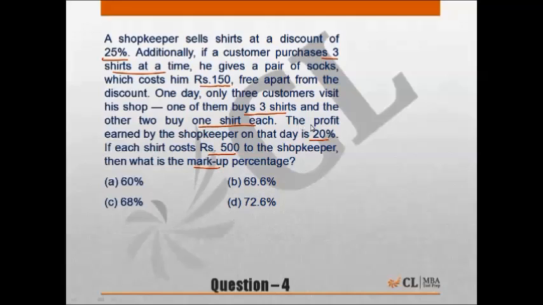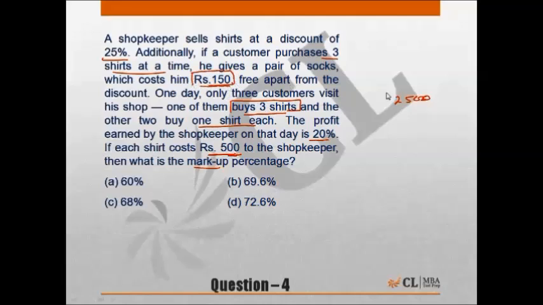Let's first get the data in place. What is the expenditure? He sold 5 shirts. The cost of each shirt is 500. So the cost price of the 5 shirts was 2500. And because one customer bought 3 shirts, to that customer he gave a pair of socks worth 150 also.